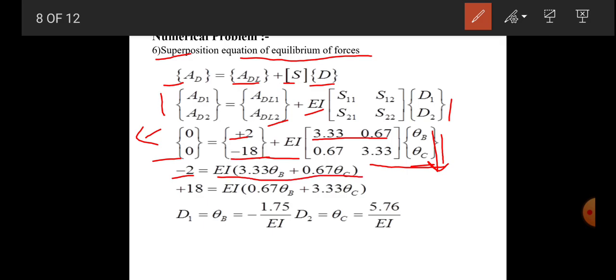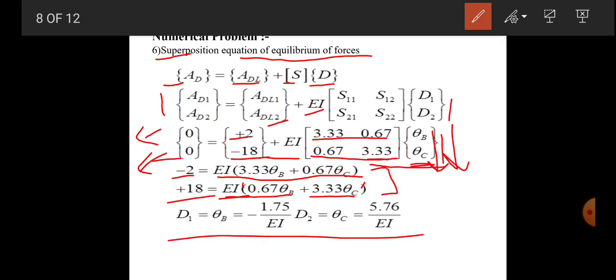Now take this minus 18 toward the left hand side, it becomes plus 18, and the second row into this column is 0.67 theta B plus 3.33 into theta C, in bracket, and taking this EI outside. So we have these two simultaneous equations.